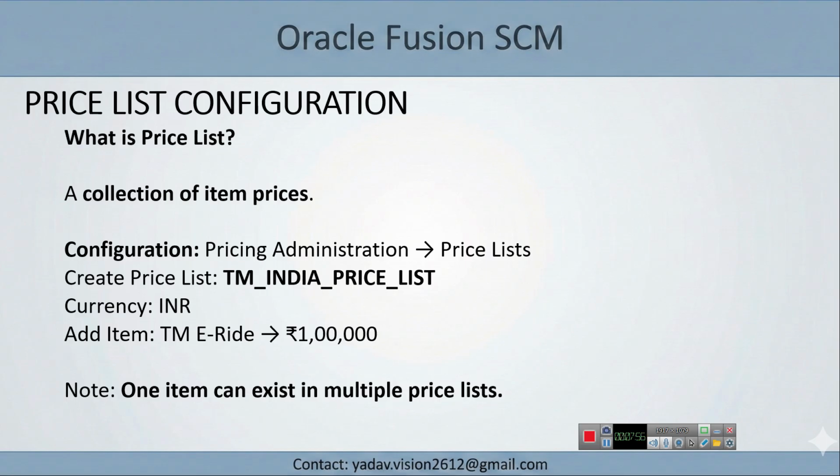The iPhone 17 Pro version may cost 1 lakh 70 thousand rupees when it comes to the market. Later the price of the item is reduced. Maybe they keep some festival offers and give some offers on top of it. That's how you have the same item in different price lists.